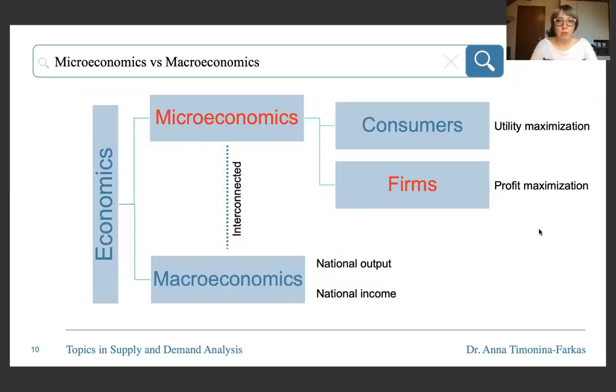Now we are coming to the second part of our talk today and to the perspective of firms in microeconomics. In their decisions, firms base on profit maximization. However, their decisions influence the behavior of consumers and vice versa. Behavior of consumers influences the decisions of companies.